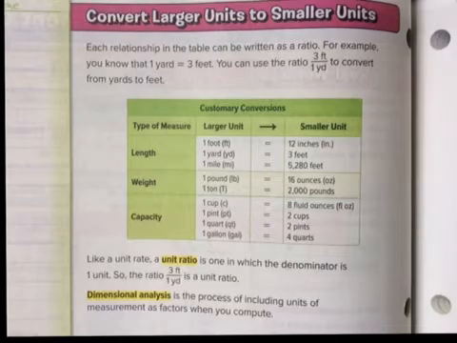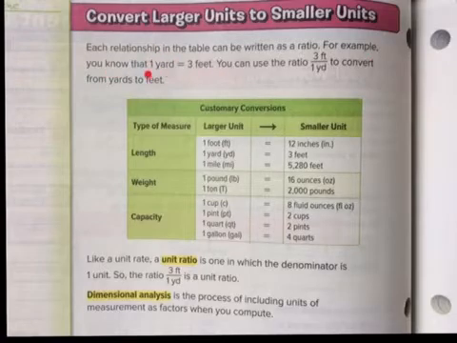On page 289, we're going to work with converting larger units to smaller units. For example, here we have the table of larger units of measurement, and here we have them converted to smaller units of measurement. Now, don't feel overwhelmed by this. You don't have to memorize any of this. It's just so that you see how it works. Each relationship in the table can be written as a ratio. For example, you know that 1 yard is 3 feet.